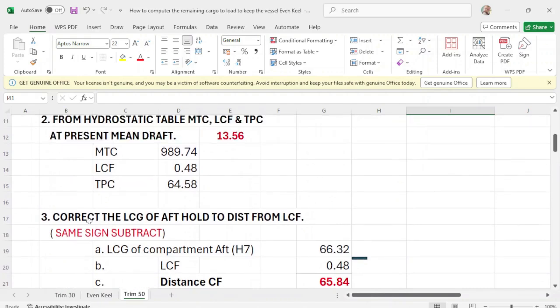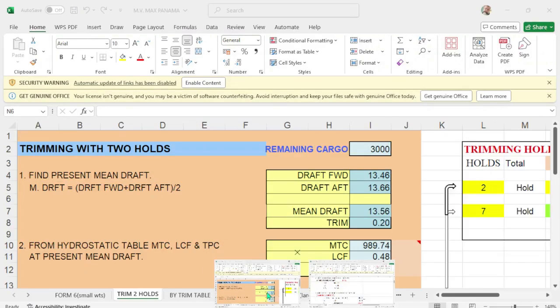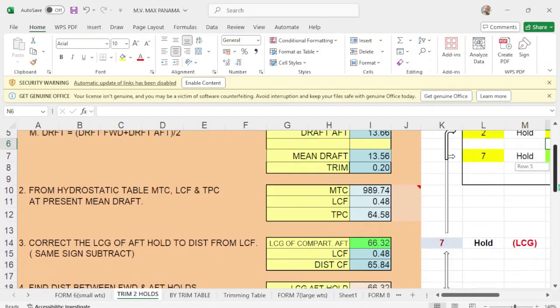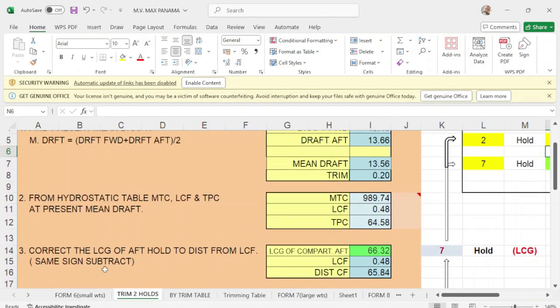Number 3 says correct the LCG of up hold, which is hold number 7, to the distance of LCF. That is number 3. So go scroll to number 3. Correct the LCG of up hold to distance from LCF. Same sign, subtract. So from this figure, we go to the Excel.